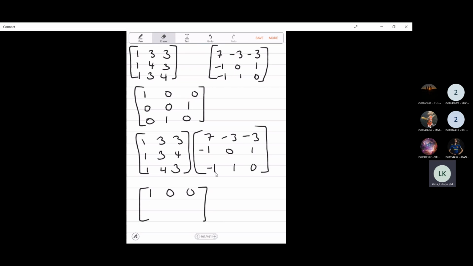Okay, now it's fine. Then 1 times minus 3. This is minus 3. Then 3 times 0 is 0, and then 4 times 1 is 4. So minus 3 plus 4 is 1. Then 1 times minus 3 is minus 3, and then 3 times 1 is 3, and then 4 times 0 is 0.